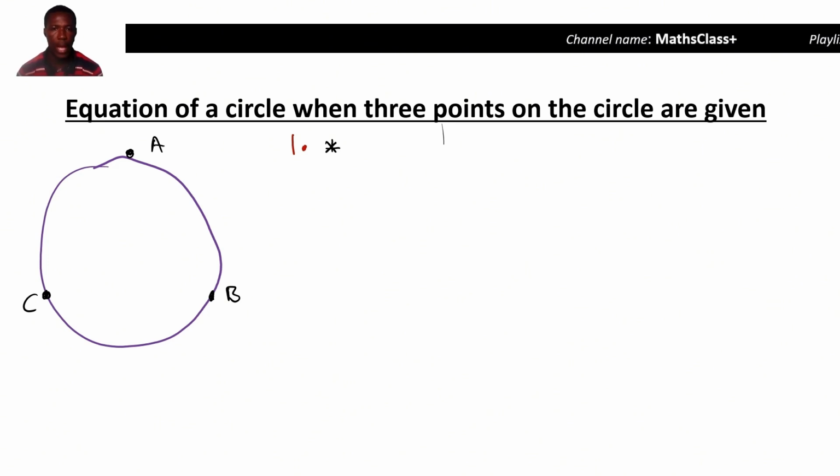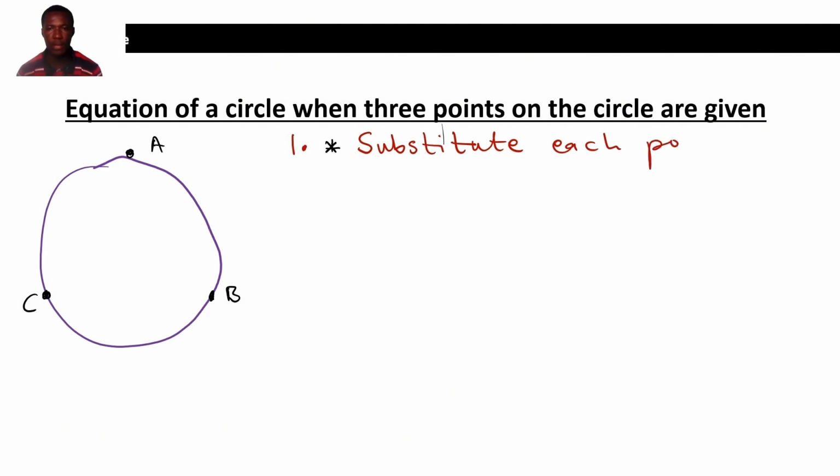And so we are going to substitute each point into the general formula of the equation of a circle to obtain 3 equations in 3 variables. Okay, and the variables will be g, f, and c.